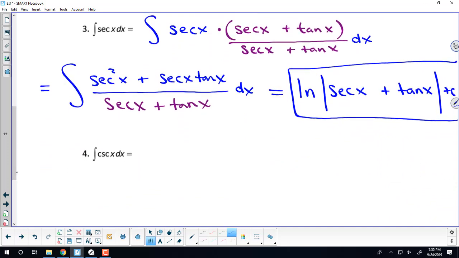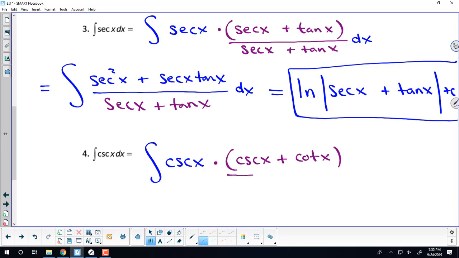And then we've got a very similar process with cosecant. So we write cosecant times the quantity cosecant x plus cotangent x over the same thing.